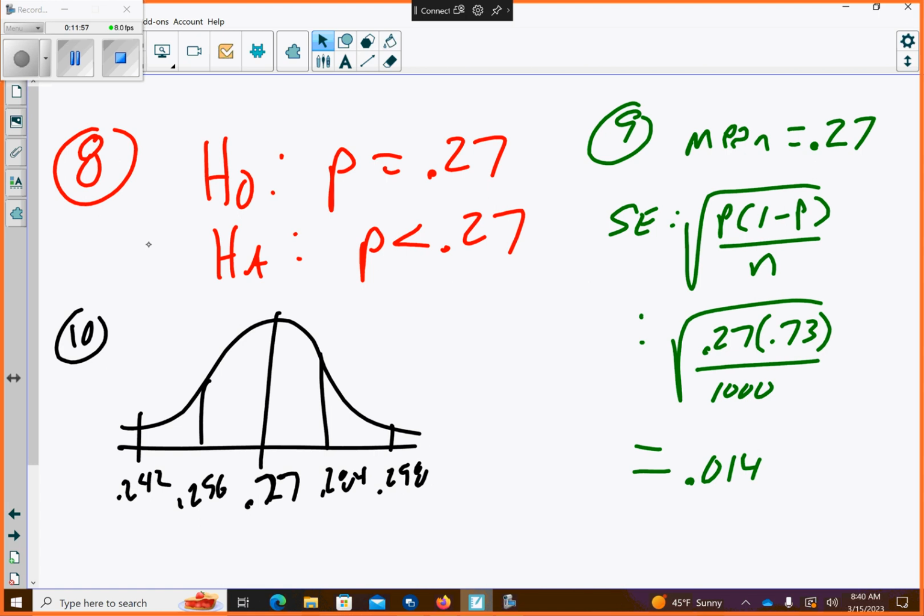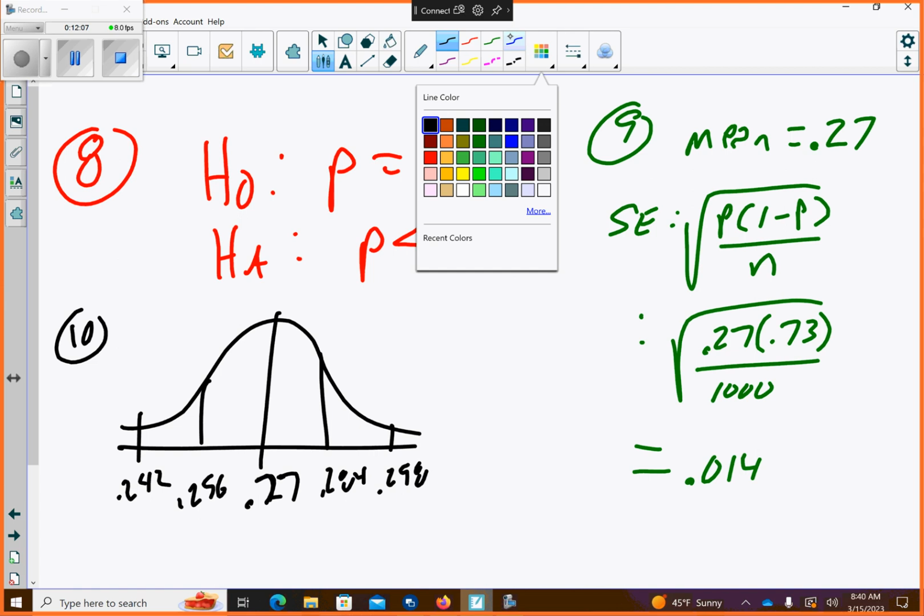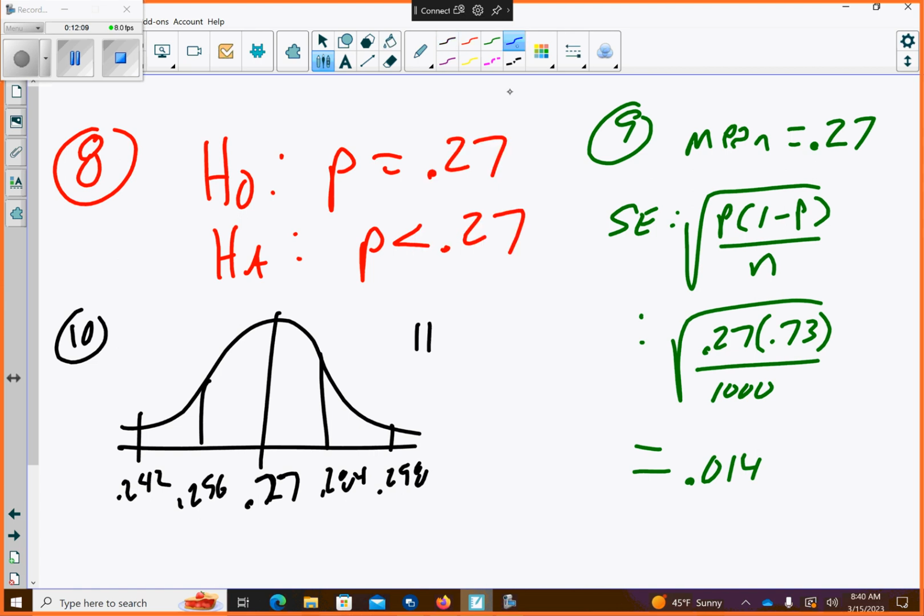All right, which would produce stronger evidence in favor of our alternative hypothesis? So which one of these events is going to be better for us? Go to number 11. If we had a 0.22 or if we had a 0.24.